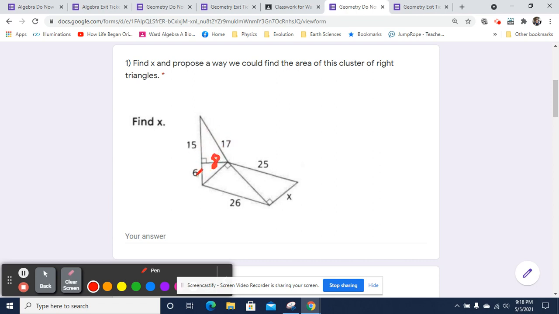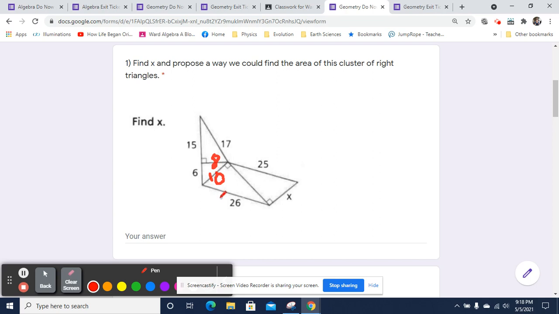Then I've got 6 and 8, and that smells like it's part of the 3, 4, 5 triangle family. So if that is 3 times 2, that's 4 times 2, so this would be 5 times 2, or 10. Now, 26 smells a little like 13 to me, that would be 2 times 13.